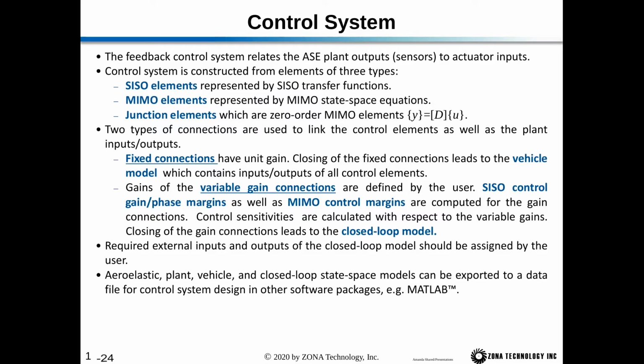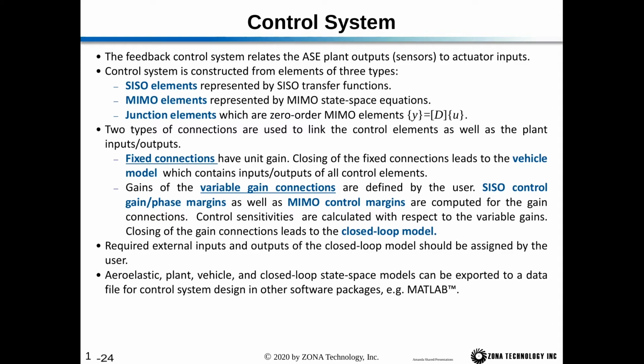You can have MIMO elements represented by MIMO state space equations, and then junction elements, which are zero order MIMO elements y equals du. And two types of connections are used to link the control elements as well as the plant inputs and outputs. First, fixed connections have a unit gain, and closing of the fixed connections leads to the vehicle model, which contains the inputs and outputs of all of the control elements.